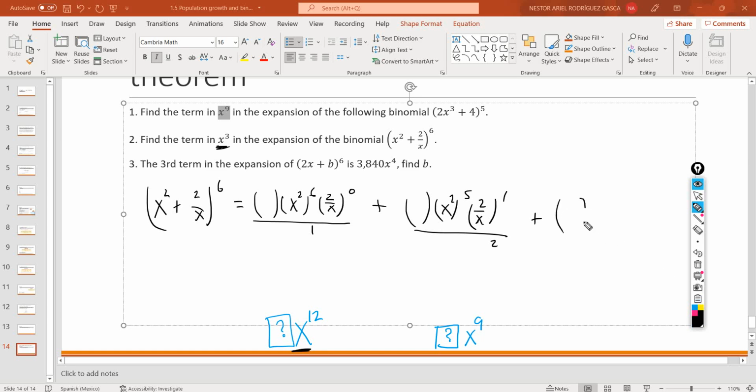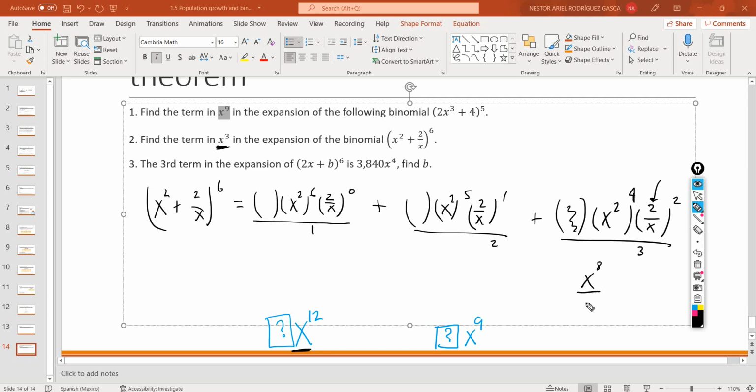Okay, we will get a binomial coefficient. We don't care about this number. This is the third term. And then two factors, x squared to the 4 and 2 over x to the 2, right? And let's just focus, once again, on the variables. Not this coefficient, not this coefficient, just on the variables. So x squared to the 4, that's going to be x to the 8, over x as a denominator raised to the second power.